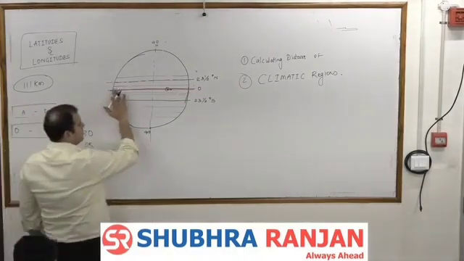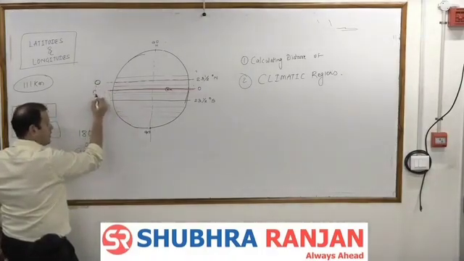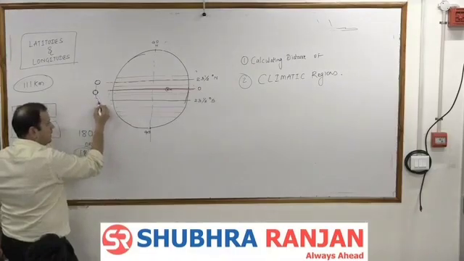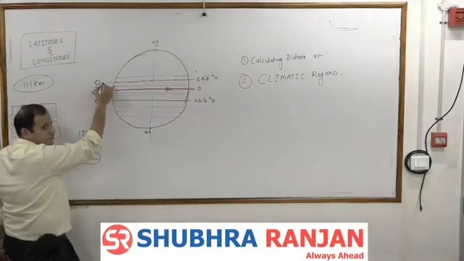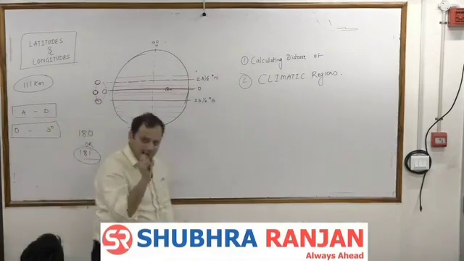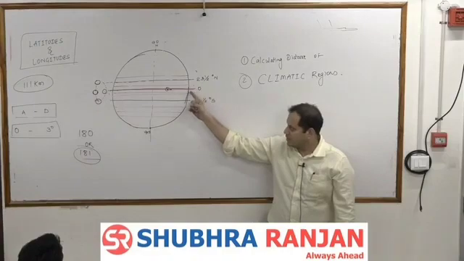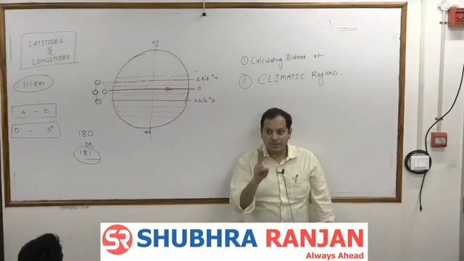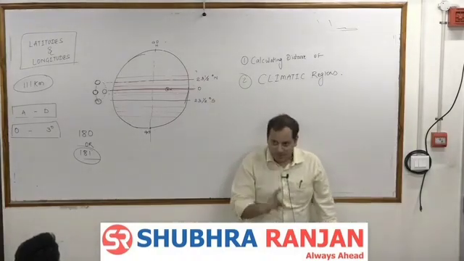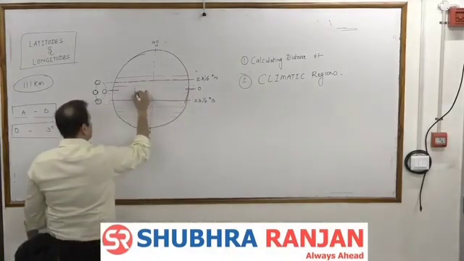The sun is sometimes here in June, then the sun starts its backward journey, on 22nd September it is here, then on 22nd December it is here, again on 21st of March, and again on 21st of June. So can I say each and every place located between 0 to 23.5 degree north and 0 to 23.5 degree south will receive vertical sun rays at least 2 times in a year, right? And therefore this is the region which is very hot, and you will call this region the tropics.